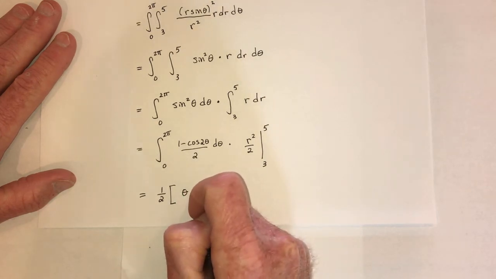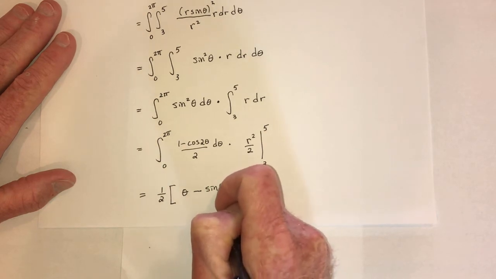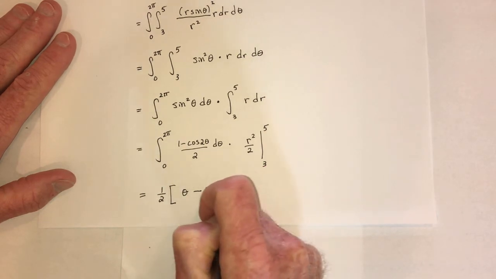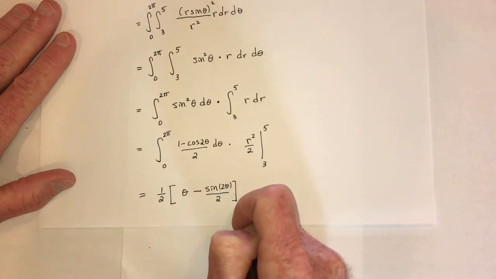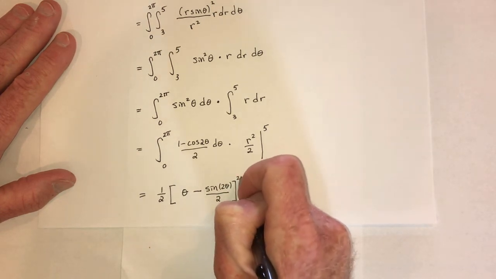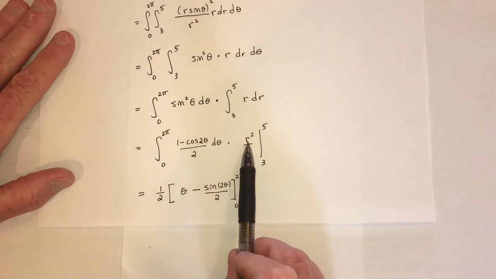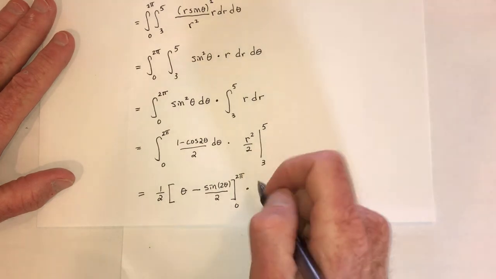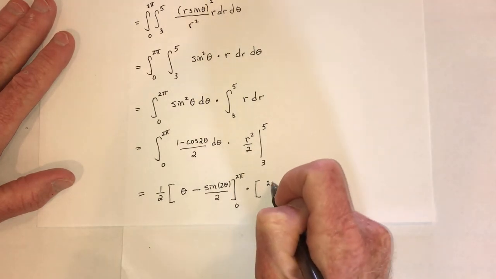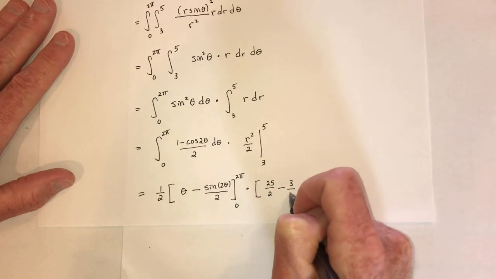Integrate the cosine, so the negative sign will stay there, and then it's going to be sine of 2 theta divided by 2. And that gets evaluated from 0 to 2 pi. And then for this one, so you substitute the 5, that's going to be 25 halves minus 3 halves.